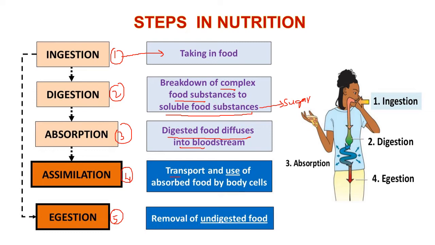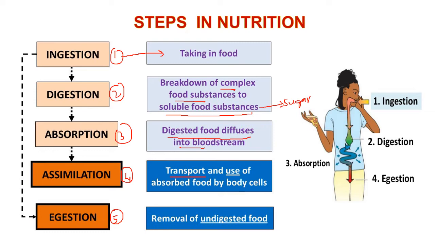So it is transported, and the use of absorbed food is called assimilation. And finally, whatever food is undigested, the remains of the food which cannot be digested, gets removed by the excretion process. So egestion is that step of removal of undigested food.